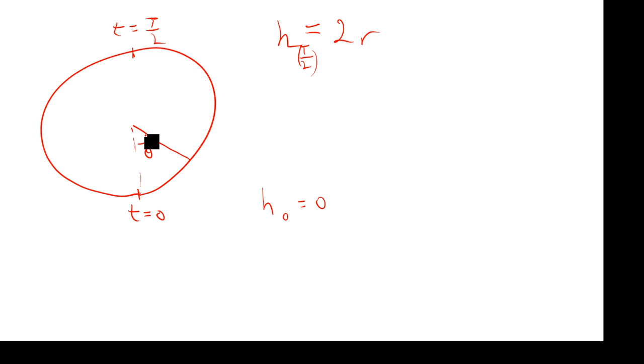But I must find one at a certain angle. And what's the height? The height will be r minus this height h. So r is here, and there is another height h, which is here.